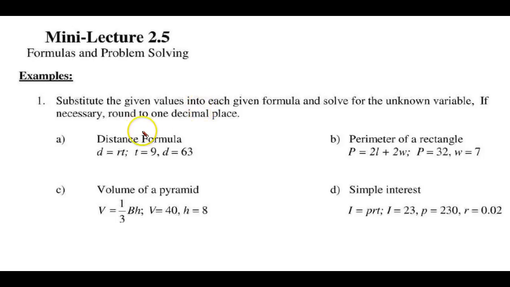So in these first 4 examples, we're going to take, let's say, the distance formula, and then we're going to substitute the known values, a 9 for the t, 63 for the distance, and we don't know the r. So how would you solve for r?